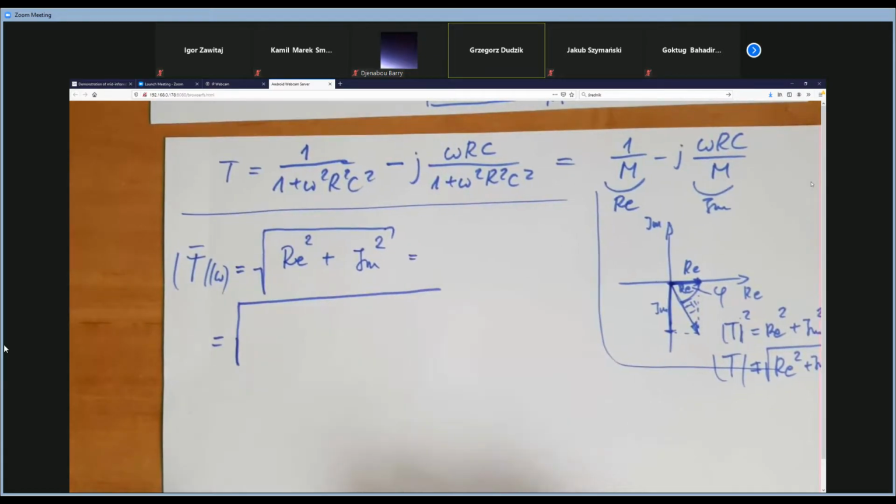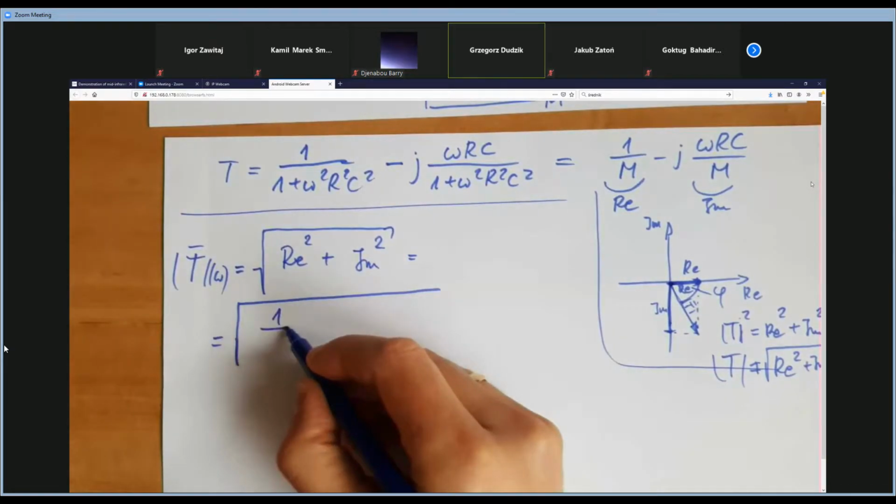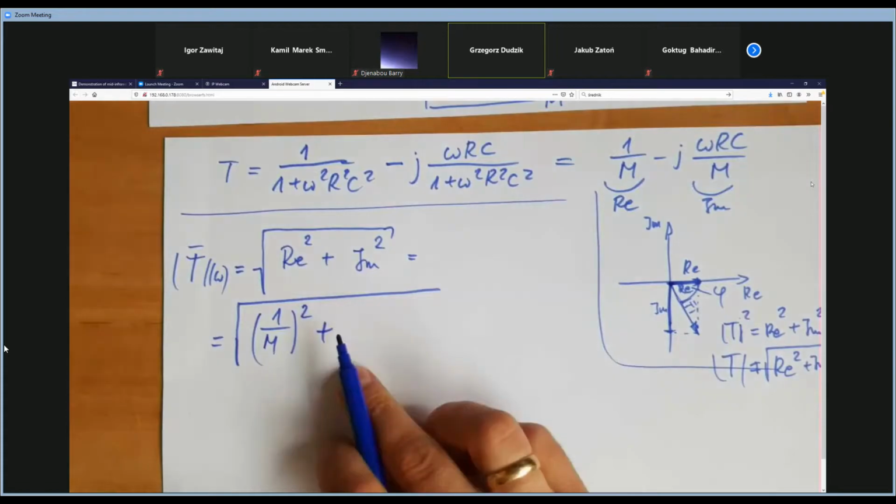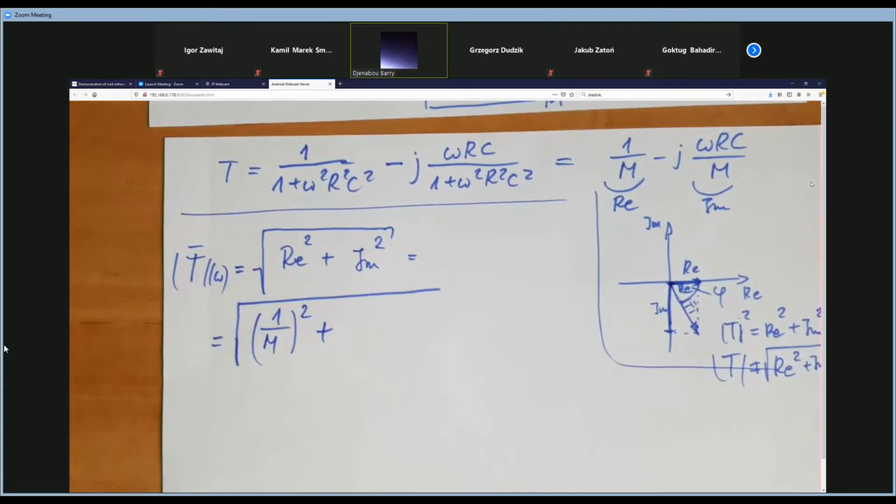Tell me, what is the real part of the transmittance value? 1 over m. Great. 1 over m squared plus, and what do I have to put here? jωRC? No, ωRC only.